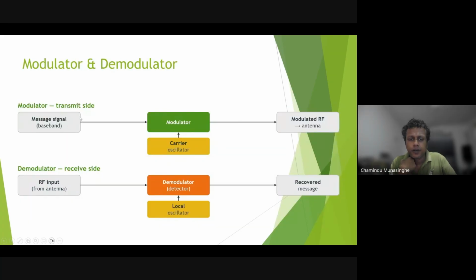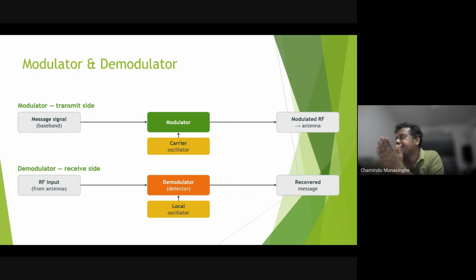So this is a block diagram of a modulator and a demodulator, how this thing works. Basically you have the baseband signal and an oscillator that oscillates at the radio RF frequency, and then the modulator. Typically, this is a mixer. Typically modulation means mathematically multiplying the signals together, right?